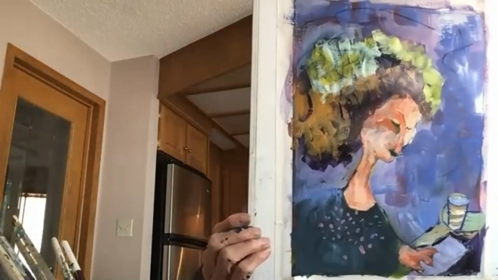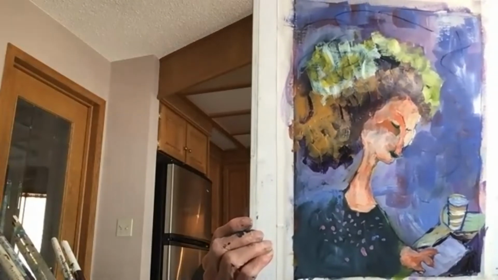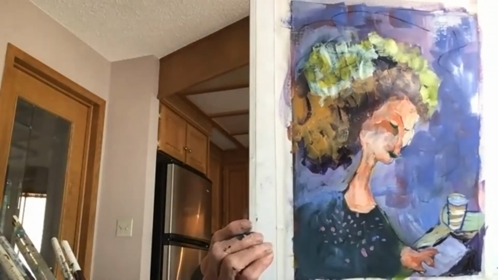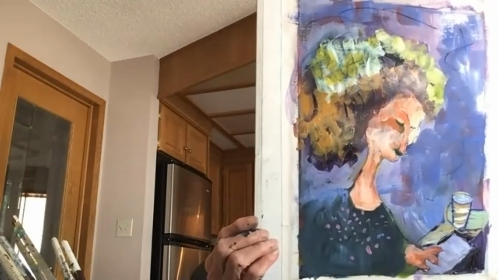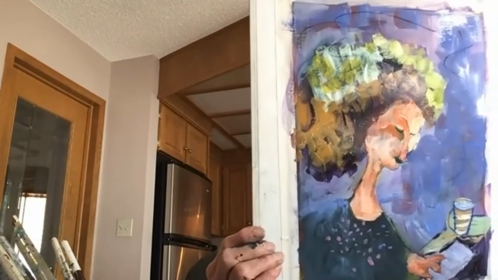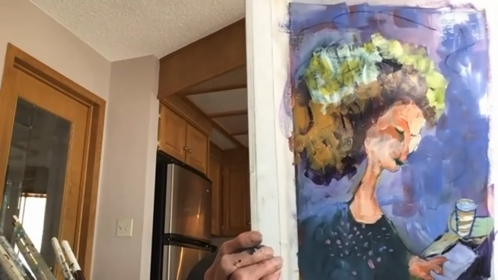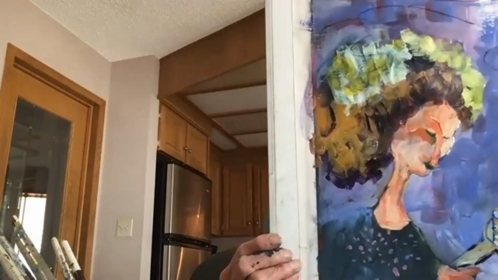I love the big hair, and I love the concept where she's reading. The one thing I would suggest is defining her nose and mouth a little more. But besides that, I think she looks awesome. That was fun anyway. It's fun just playing.